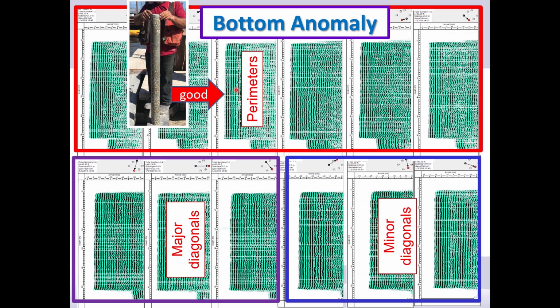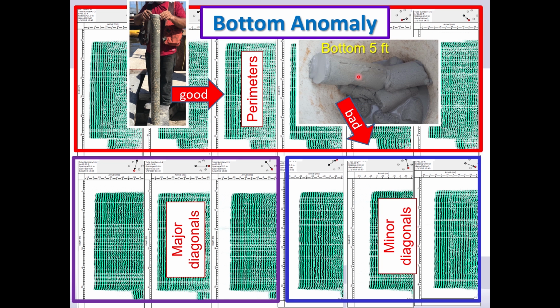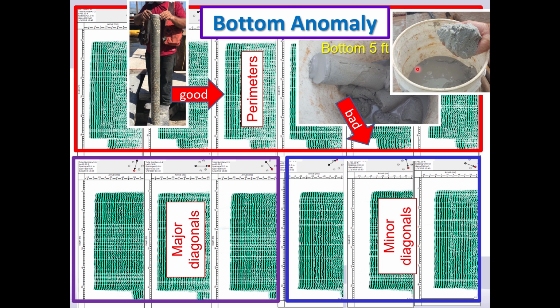The good quality concrete, the core came out very nice. The bad quality concrete came out almost fluid-like. And in fact, you could stir that and create just a mix. So very, very poor quality concrete.